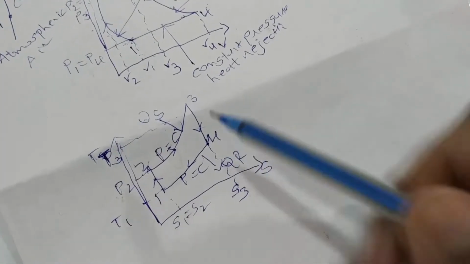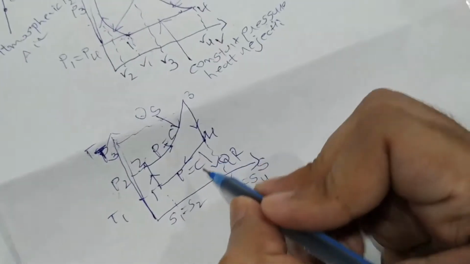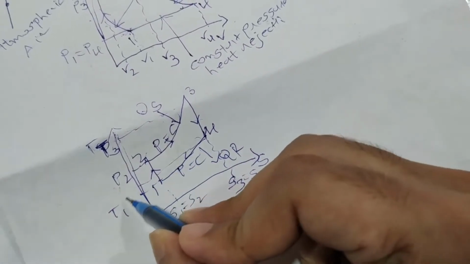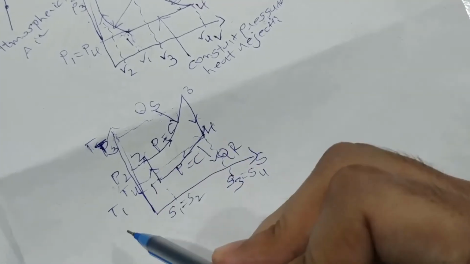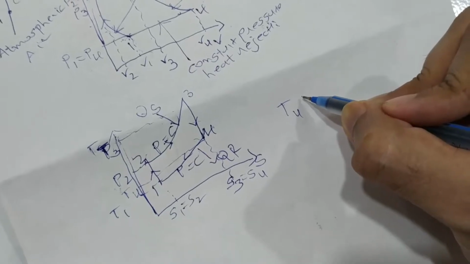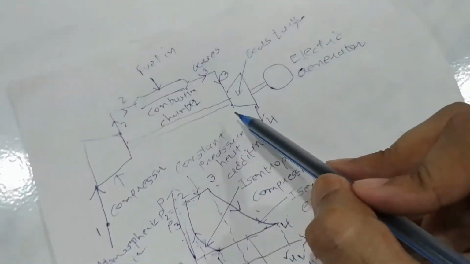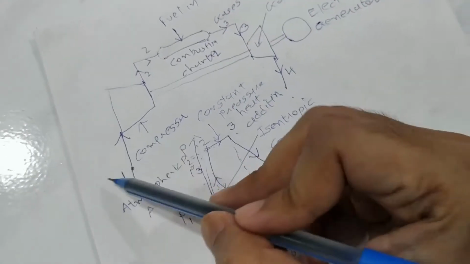In the expansion process entropy stays constant, but temperature decreases. T4 is greater than T1, so the temperature at the outlet of the gas turbine is more than the temperature of the atmospheric air.